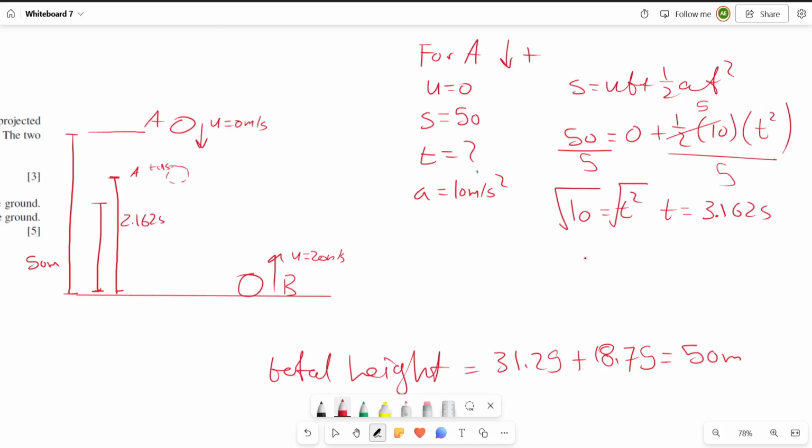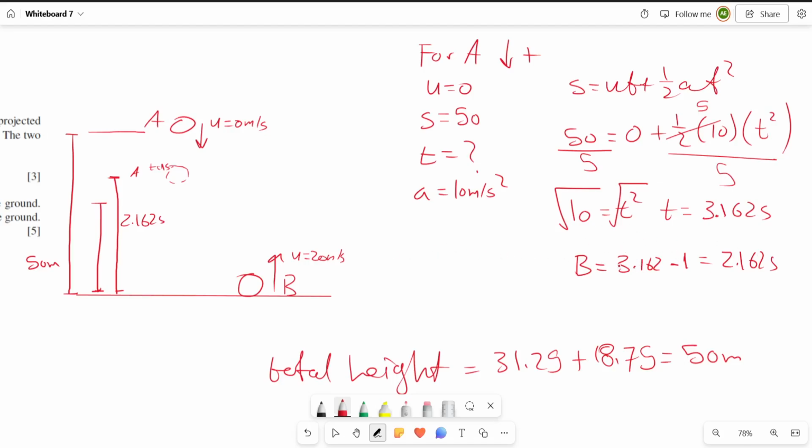So B was in motion 2.162 seconds until A reached the ground. But you will tell me, A took 3.162 seconds to reach. I'll tell you yes, but in the first second of motion of A, B was not moving. B only started moving 1 second after A started moving. So A had 2.162 seconds left to reach the ground, and that is the time where they are both in motion.